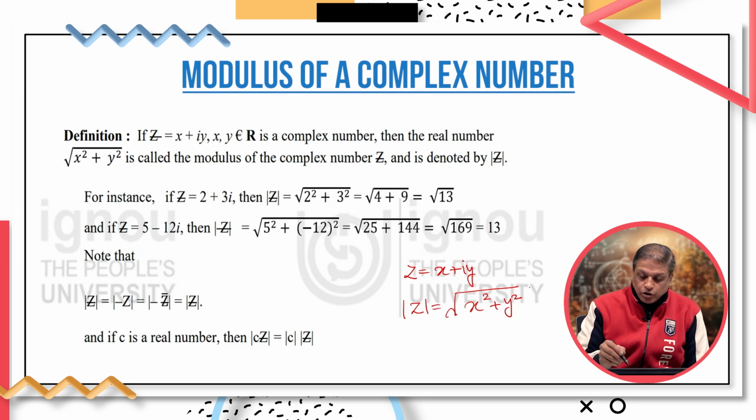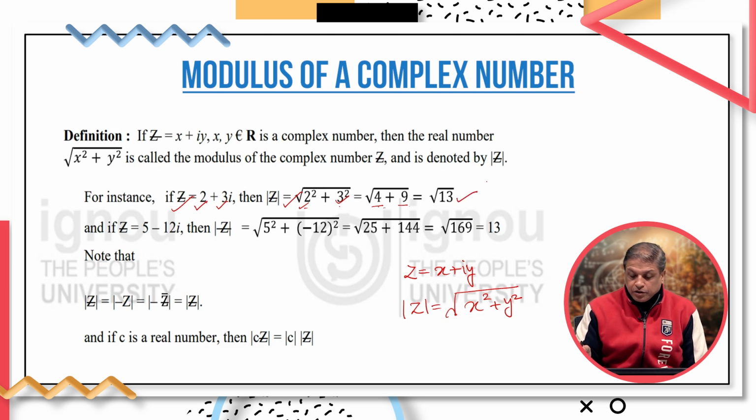So if z is equal to 2 plus 3i, then modulus of z is equal to the square root of 2 square plus 3 square, because the real and imaginary components are 2 and 3. That turns out to be 4 plus 9, because 2 square is 4 and 3 square is 9, that is square root of 13. 9 plus 4 is 13.